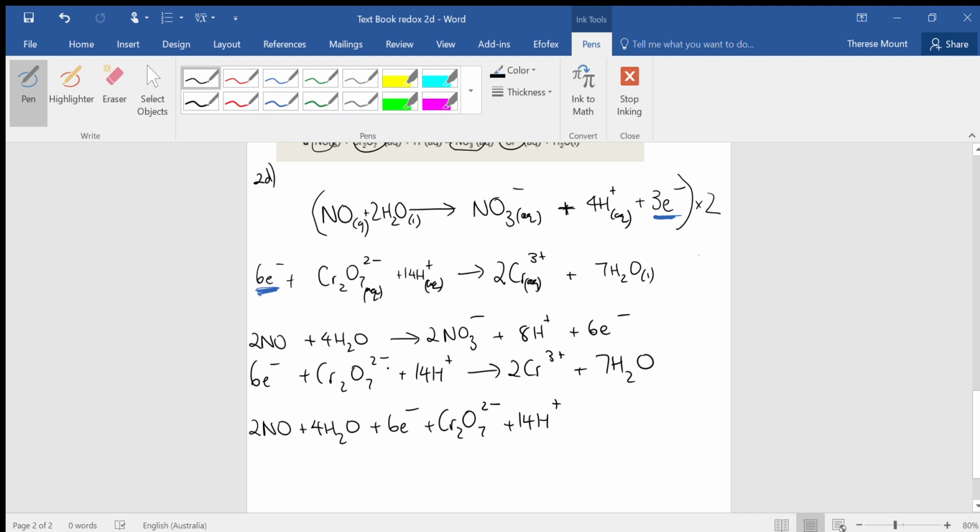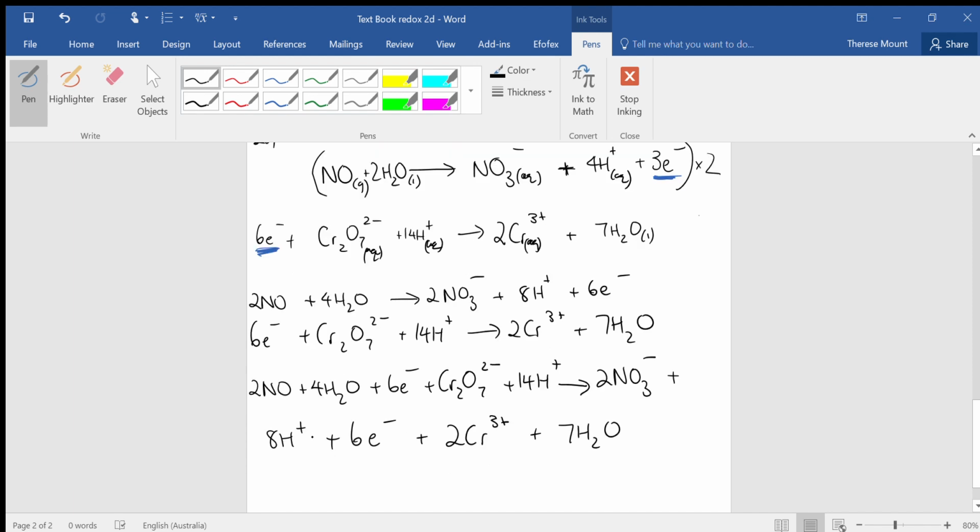Okay, that's all my reactants. Arrow, 2NO3. I'm going to have to go over 2 lines here. 8H plus, 6 electrons, plus 2 Cr3 plus, 7 waters.